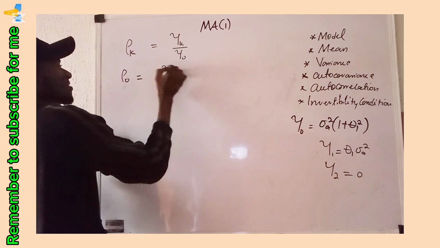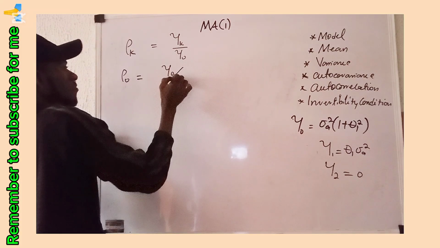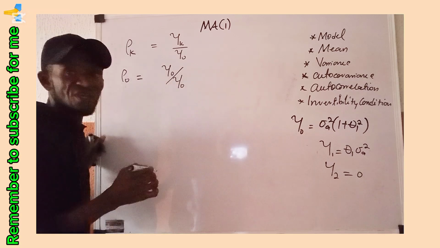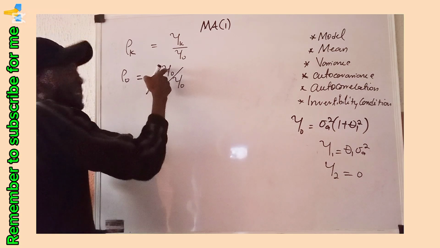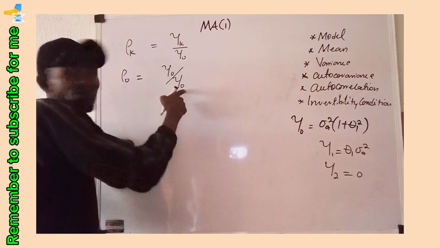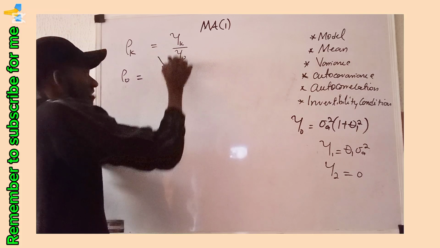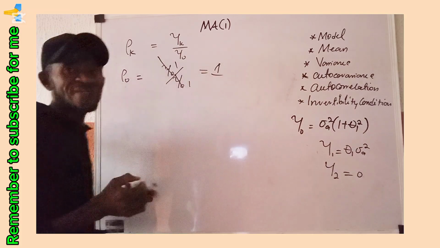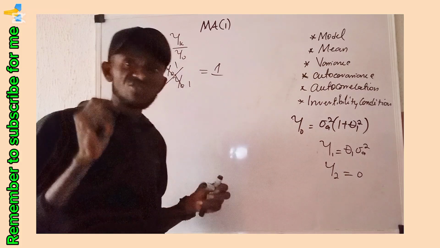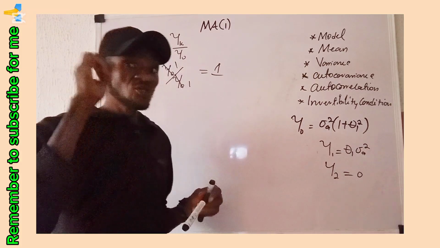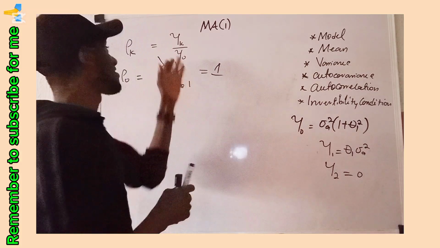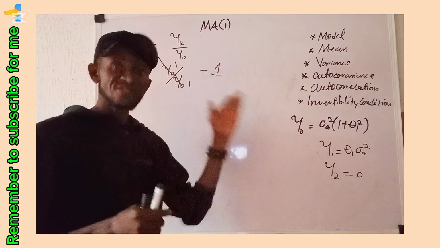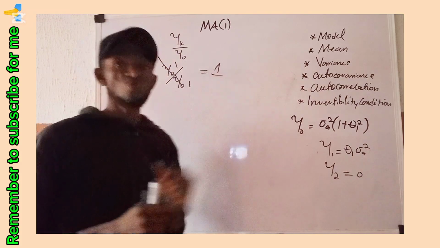So here it is going to be gamma 0 all over gamma 0. And do remember that gamma 0 is in the numerator, gamma 0 is in the denominator. So you can cancel, and it becomes 1. And this is the reason why they say that the autocorrelation at lag 0 is always 1, because you have a ratio of variances, which cancels off to give you 1.